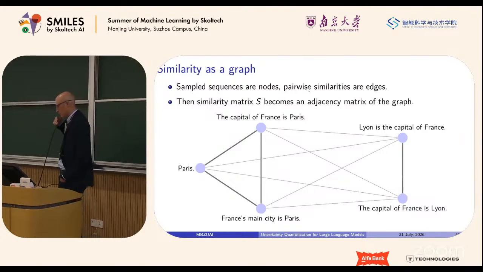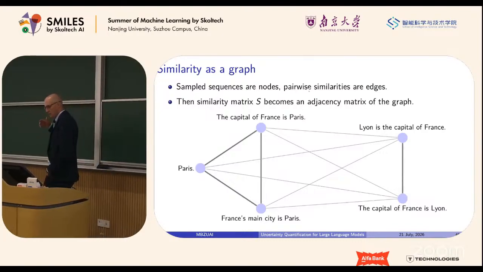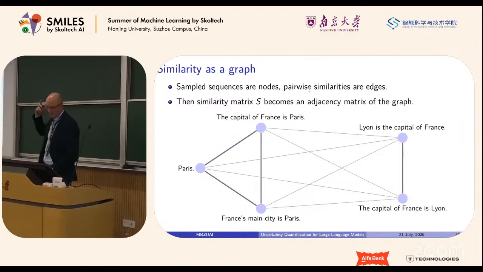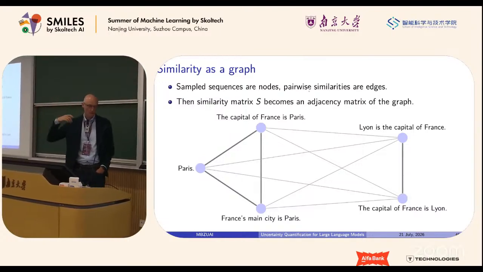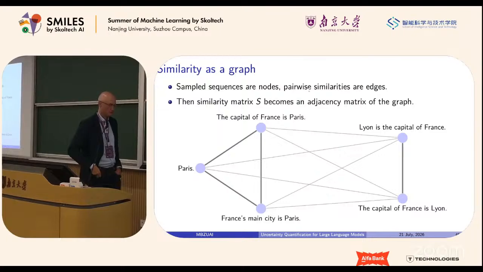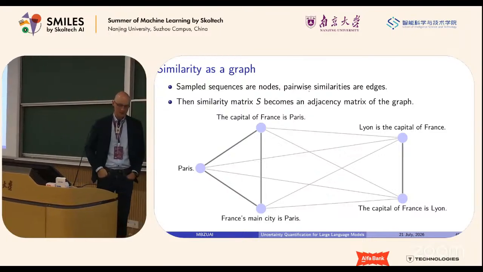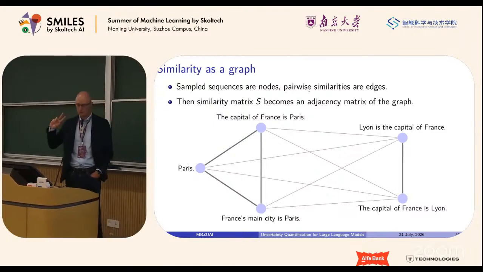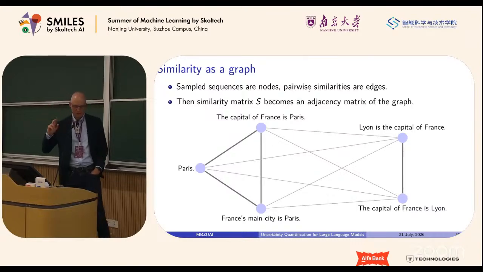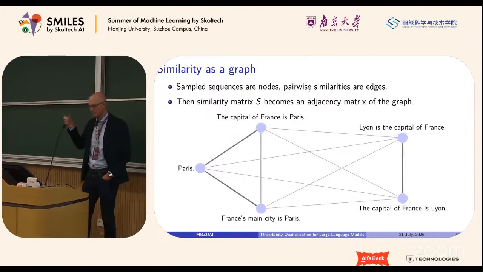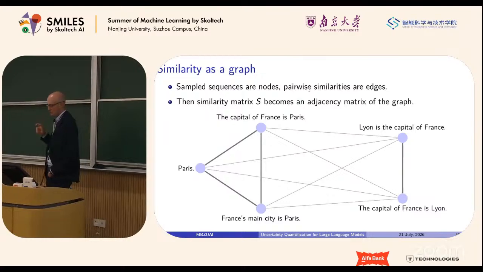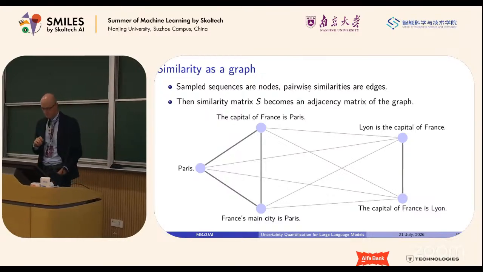So it's not always possible to have a binary decision whether two generations are similar or not. Usually, there's a certain degree of similarity between generations.